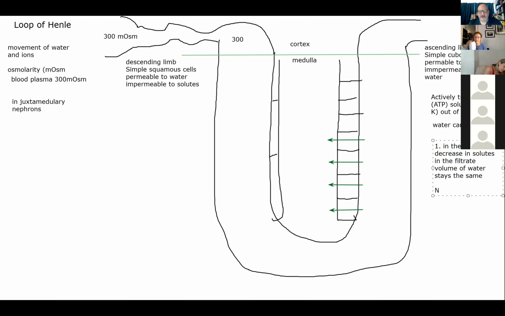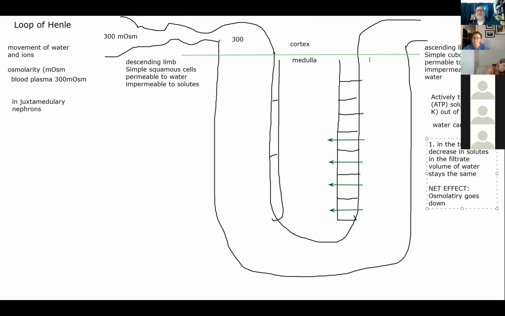As a result of that, is our osmolarity going to stay the same? Is our osmolarity going to go up, or is our osmolarity going to go down? It's going to go down. Excellent. The net effect is that the osmolarity goes down.